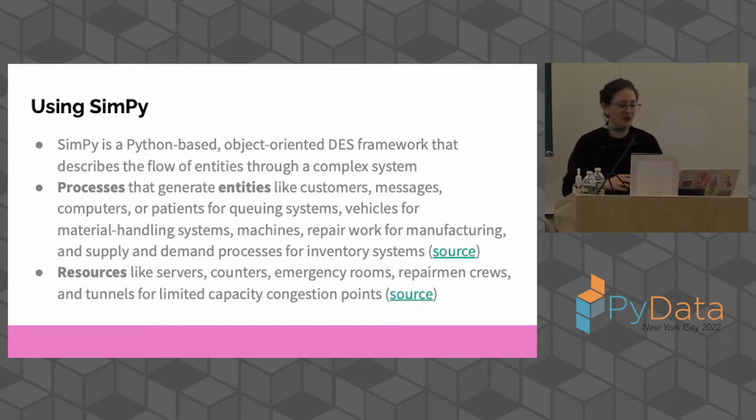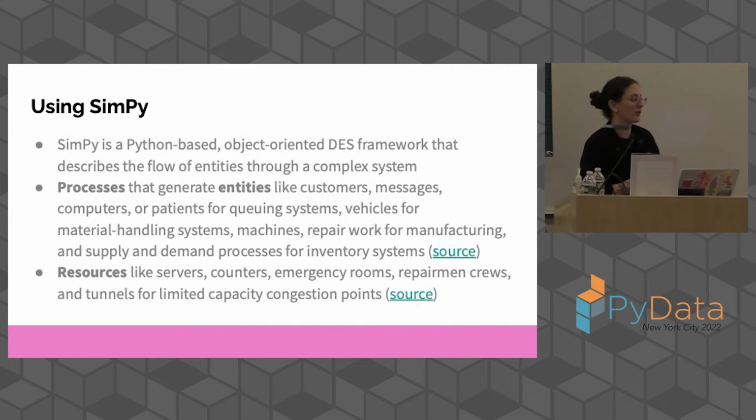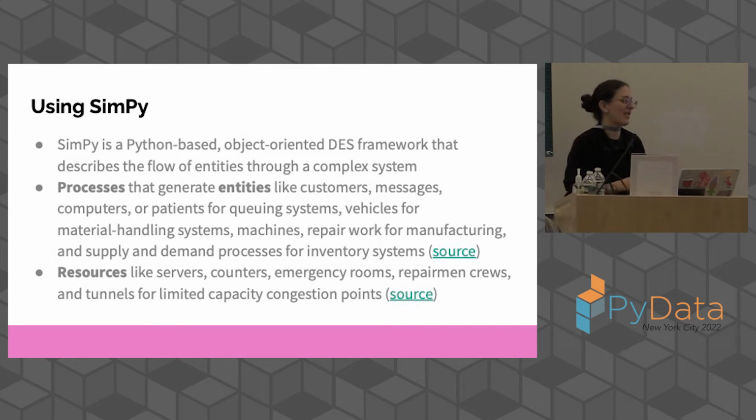Here I gave you some real-world examples of what processes, entities, and resources could be, and I've linked to the source I got these examples from. It's a great Medium post that you should read if you want more information. Processes generate entities like customers, messages, computers, patients, vehicles, machines, repair work in manufacturing, and then supply-demand processes for inventory.